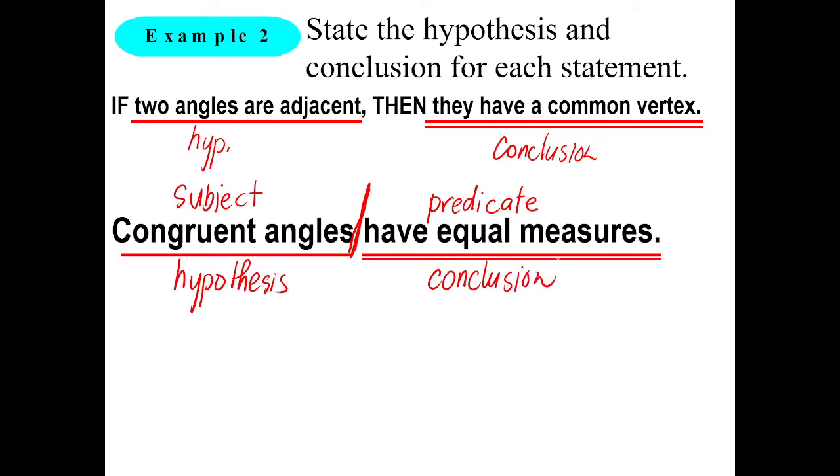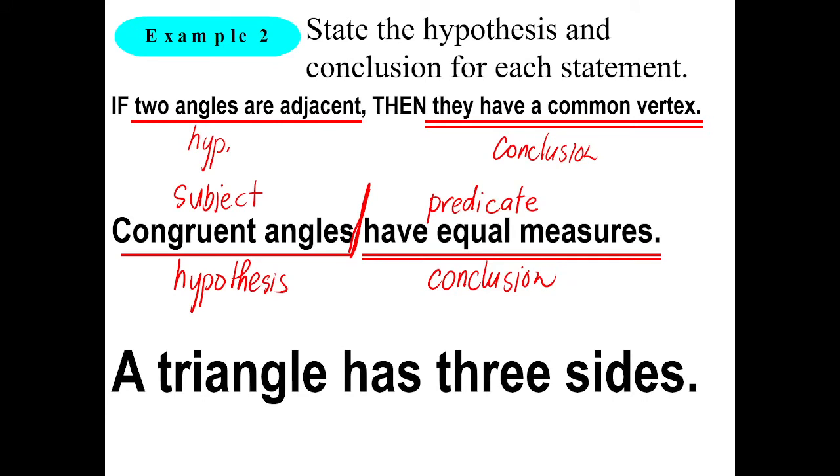Nakasabot class on saan pag-determine kung why, if, o then? Okay, anita sa another example. Kamo daw storya nako. Unsay subject sa sentence? A triangle. So meaning, mao ni ato ang hypothesis. Kay mao man ni ang subject sa sentence.